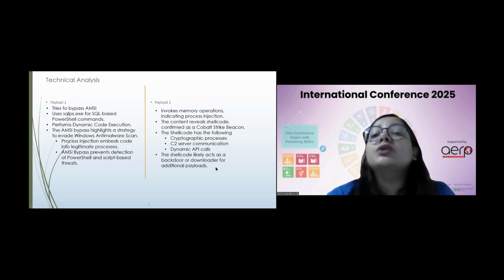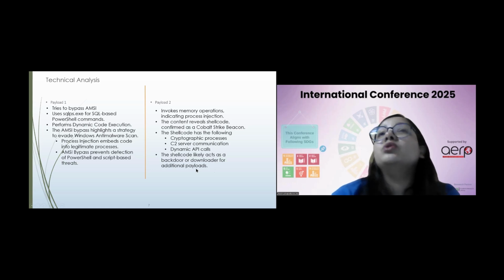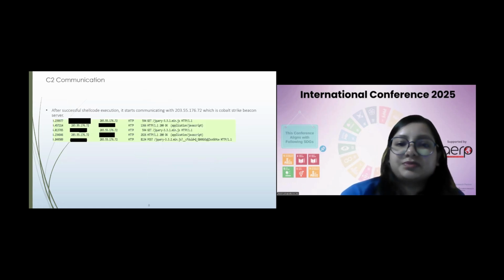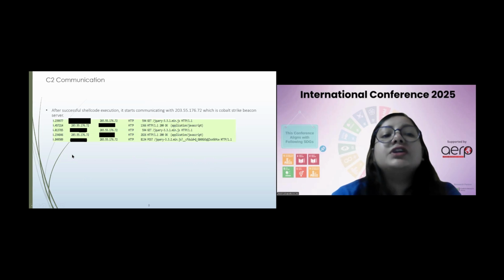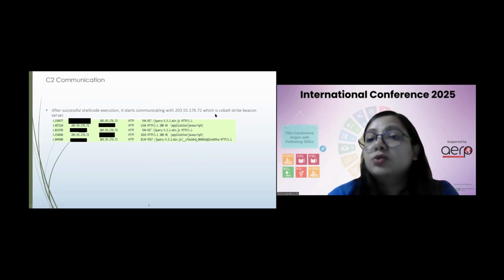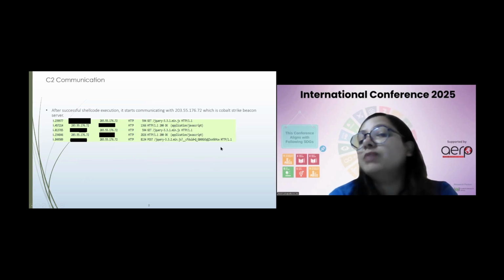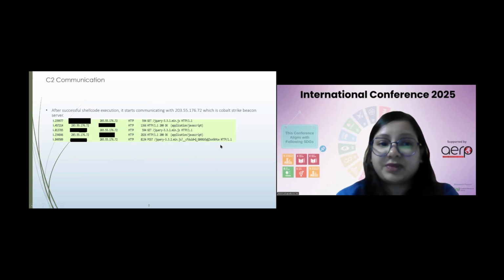Also, the shellcode acted as a backdoor or downloader for additional payloads. After successful shellcode execution, we observed it communicating with this IP, which is a Cobalt Strike Beacon IP, trying to connect to some malicious JavaScript code.